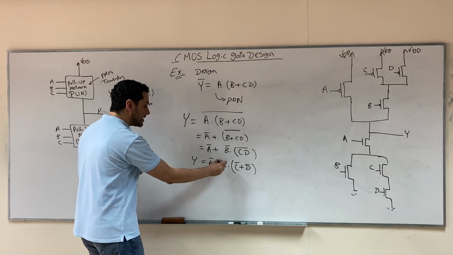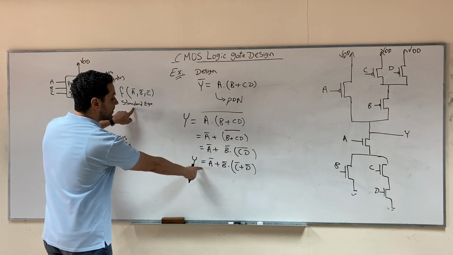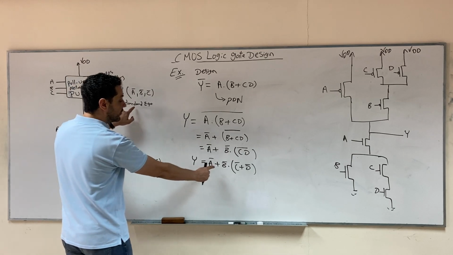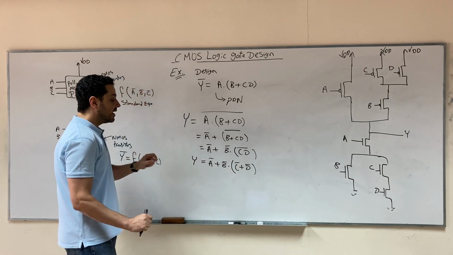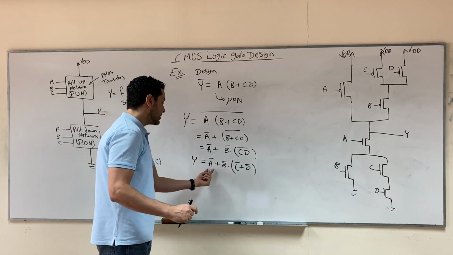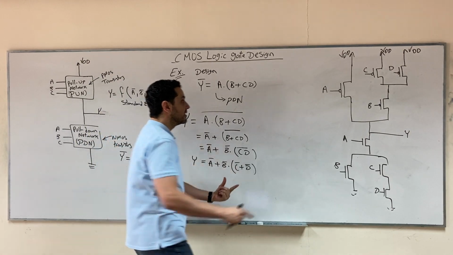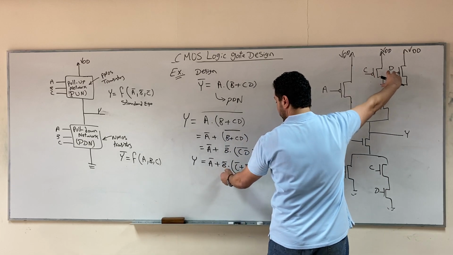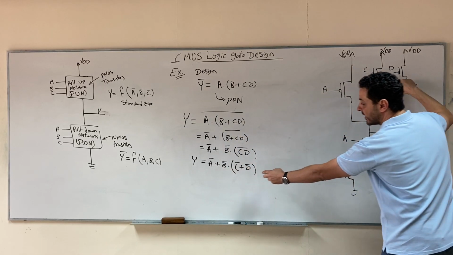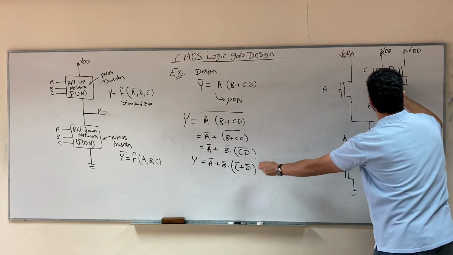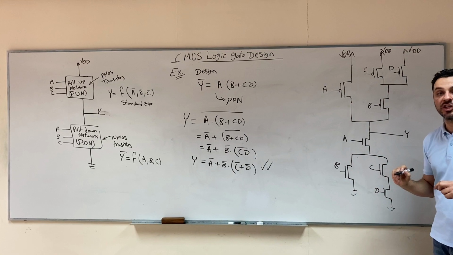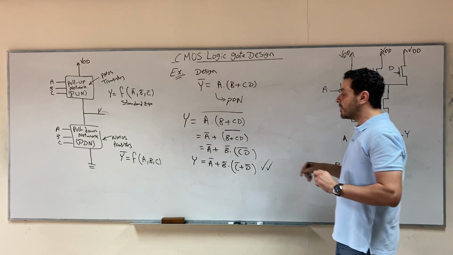Again, you will find that this equation follows the standard equation of the pull-up network: the output as a function of every input inverted. If you apply it, you'll find that you have two parallel branches, transistor A in parallel with something, then B in series with something, then this something is C parallel with D. So it will give you exactly the same connection that we obtained by reversing the pull-down network.